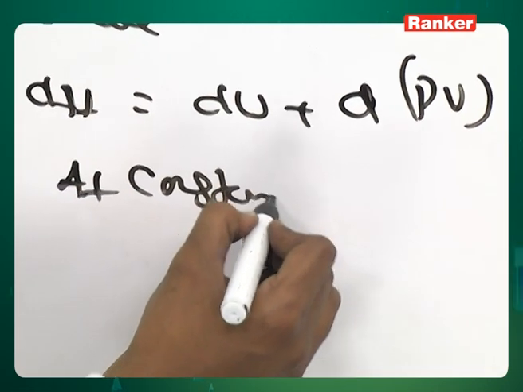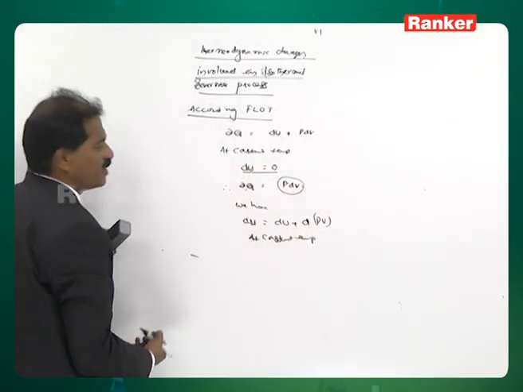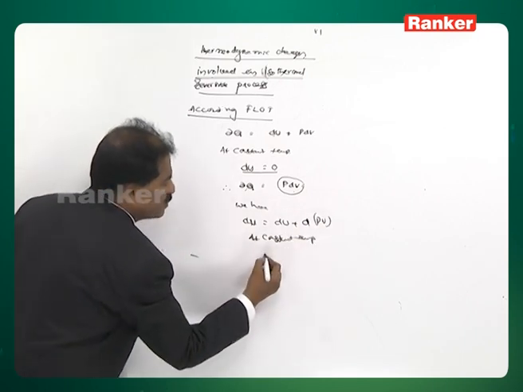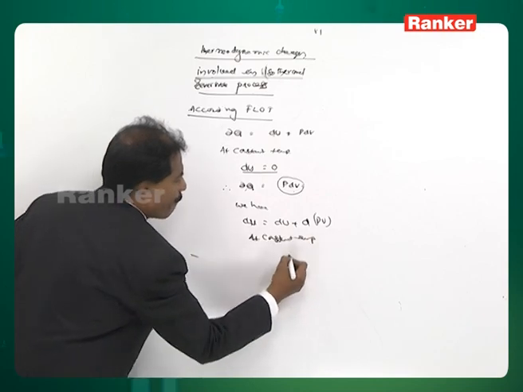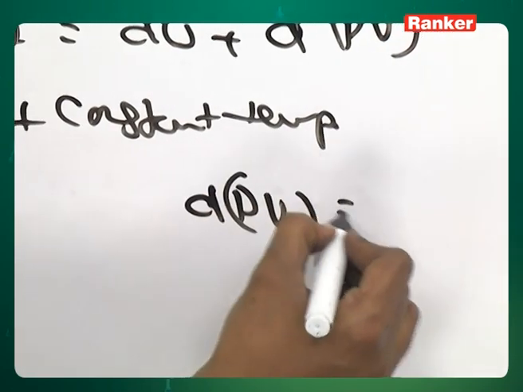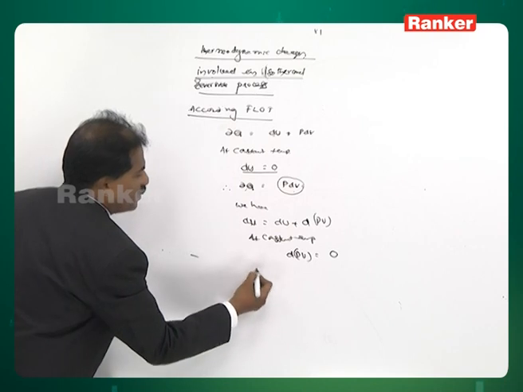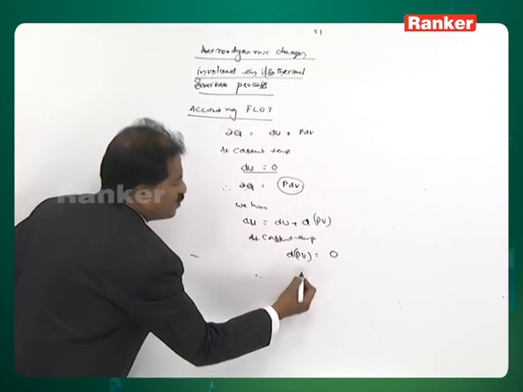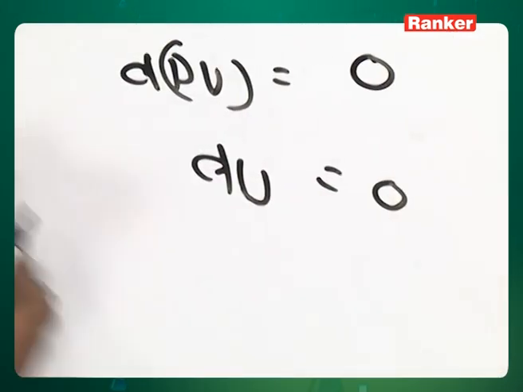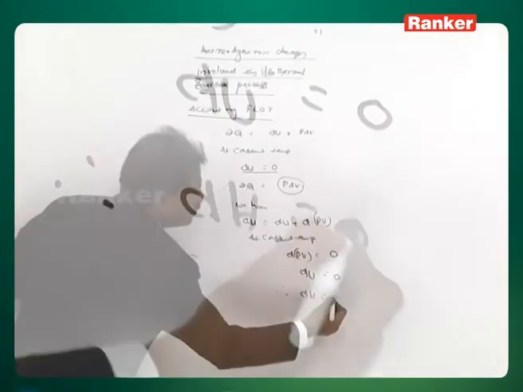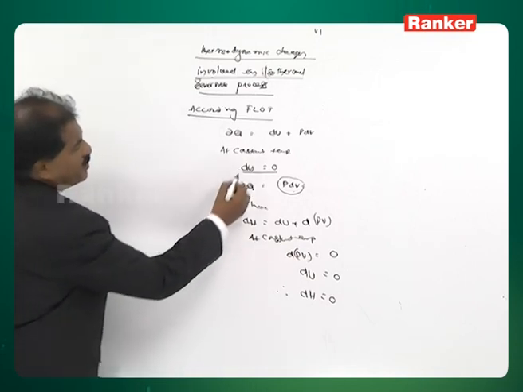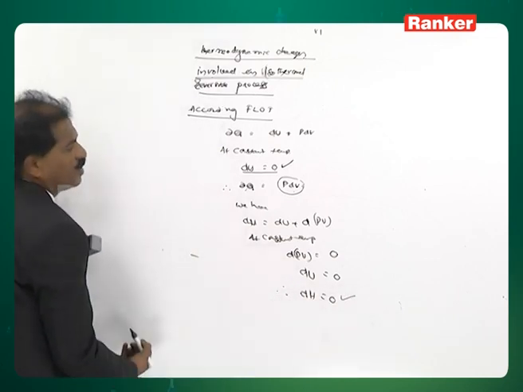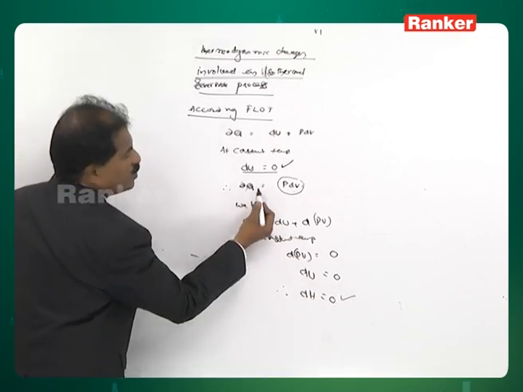At constant temperature, the differential of PV is 0. Since dU is already 0, the enthalpy change also becomes 0. That means at constant temperature, the internal energy change is 0 and the enthalpy change is 0. Therefore, dou Q is equal to P dV.